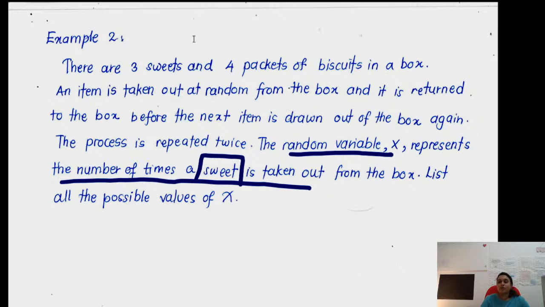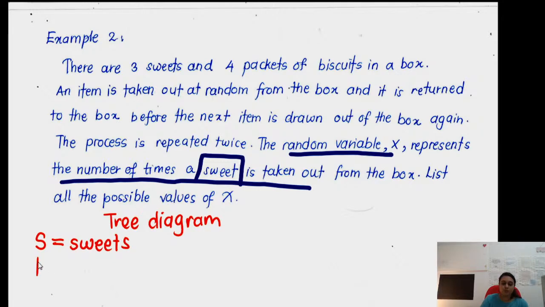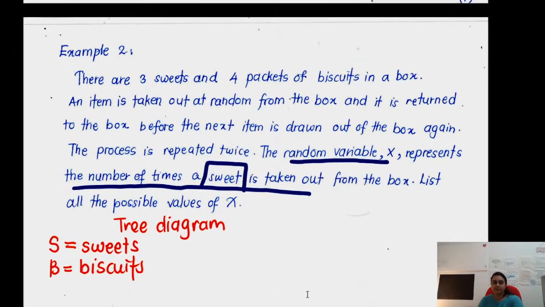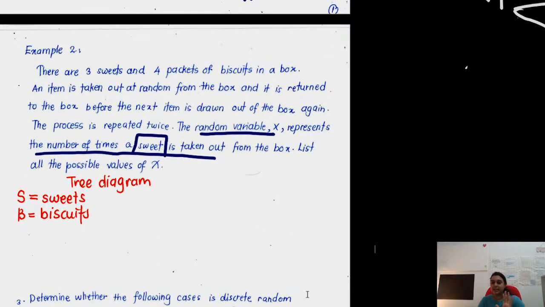So we can also use tree diagram here. How to use the tree diagram? Let's see. First, let's identify. We use S for sweets, and we use B for biscuits. Now let's look at this one. What happened? First they are taking out.